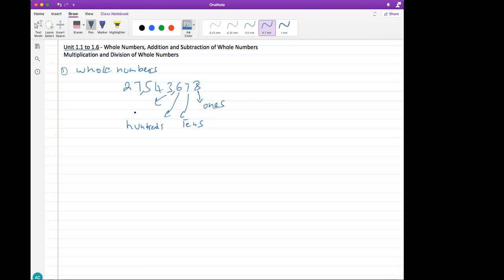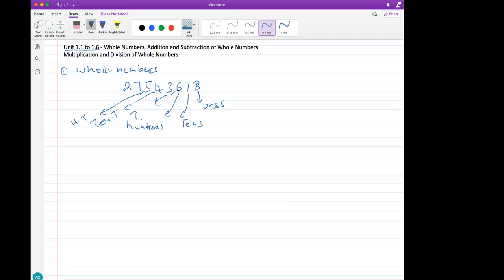And of course we have the thousands. Then we have the 10,000s. And then what comes after the 10,000s? The 100,000s, that's right. Finally, once we were done with the 100,000s, what is the name of the first digit in the next group? Millions, that's right.